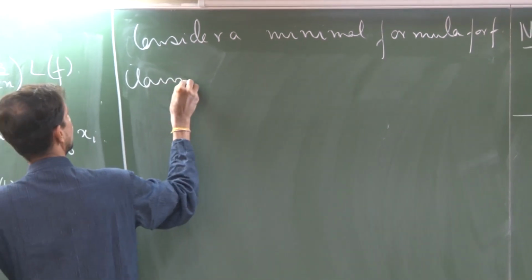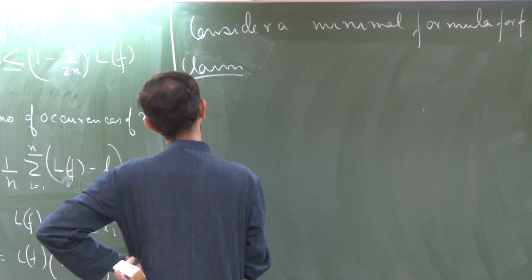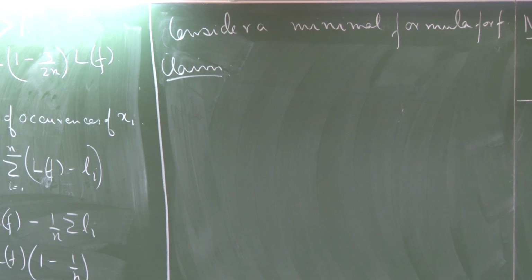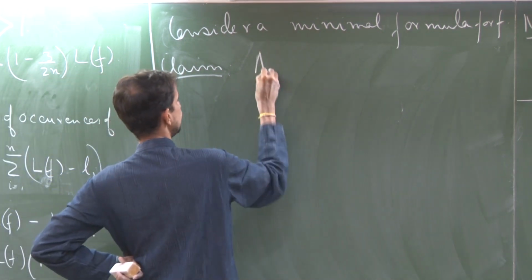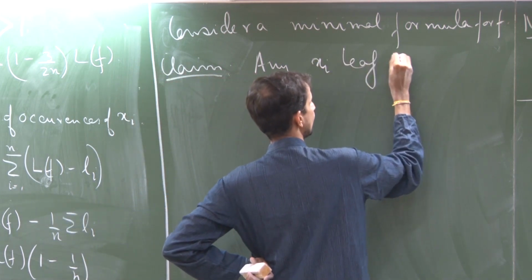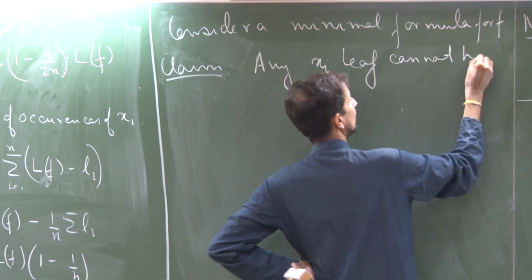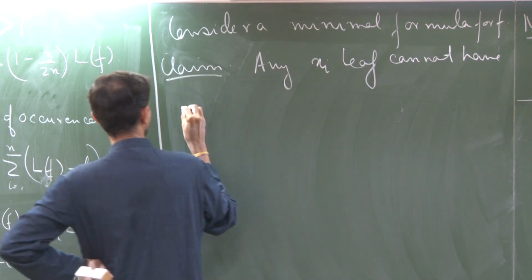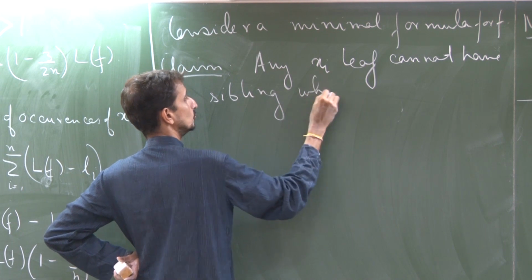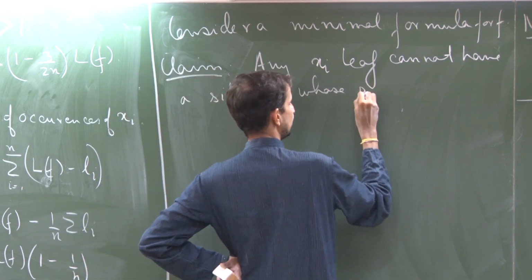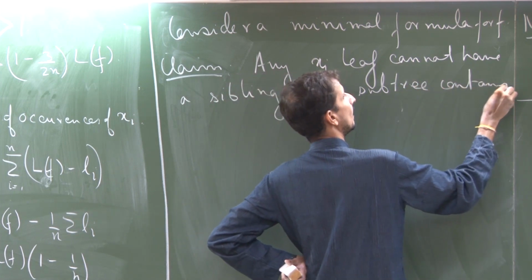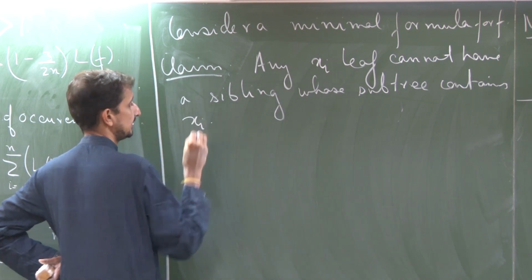So, what we claim is that any xi leaf cannot have a sibling whose subtree contains xi.